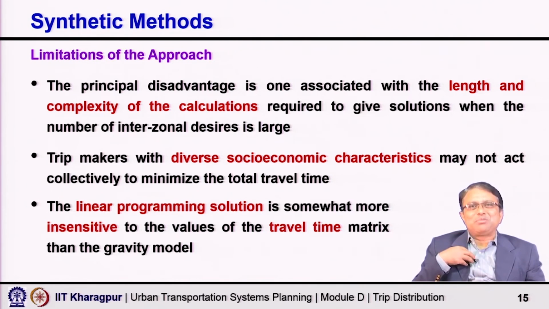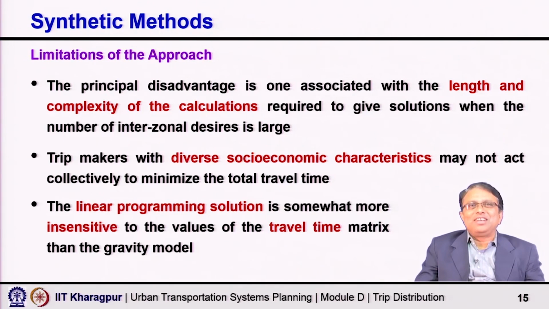I would select something which will minimize my own travel time, but the collective thing is very different. The linear programming solution is somewhat more insensitive to the values of the travel time matrix as compared to the gravity model.